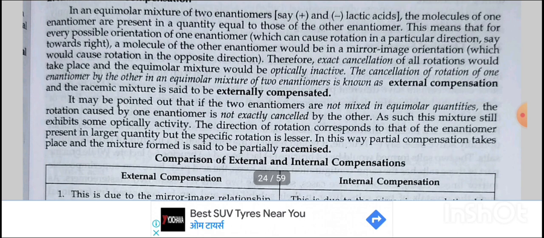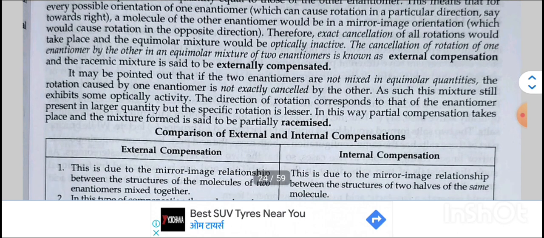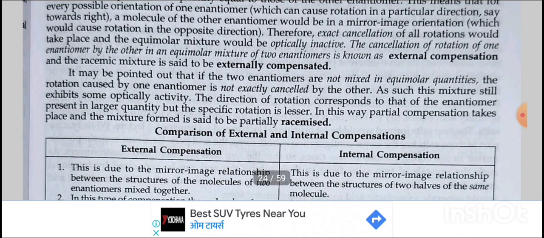Therefore, exact cancellation of all rotations would take place and the equimolar mixture would be optically inactive. The cancellation of rotation of one enantiomer by the other in an equimolar mixture of two enantiomers is known as external compensation, and the racemic mixture is said to be externally compensated.